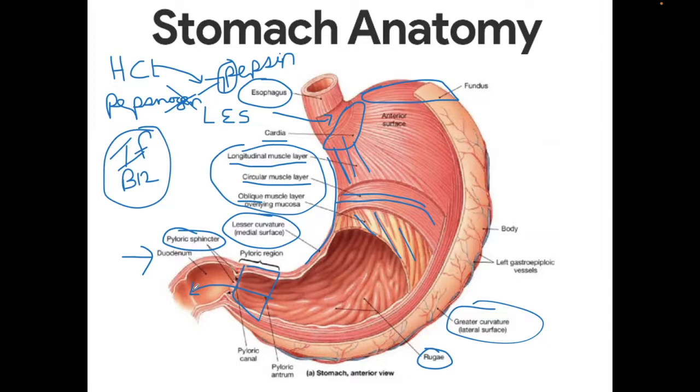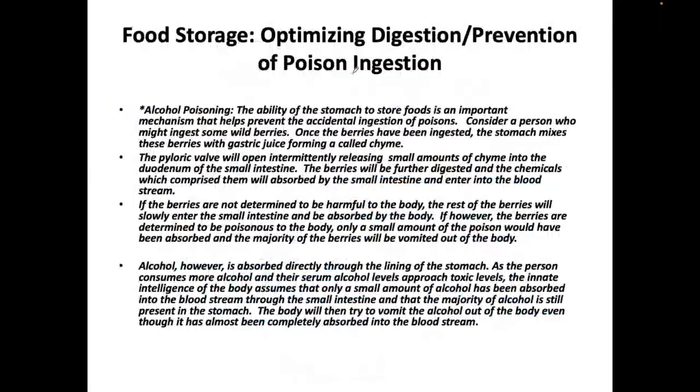And if the contents are healthy and seemed safe, then the pyloric valve or sphincter opens more, releasing those contents. If it was berries and the berries were safe, then it opens up and enters the duodenum for absorption of all the nutrients. But if it opens up a little bit into the duodenum and the innate intelligence says, oh, this ain't good, then it shuts and then reverse peristalsis happens and it allows for vomiting.